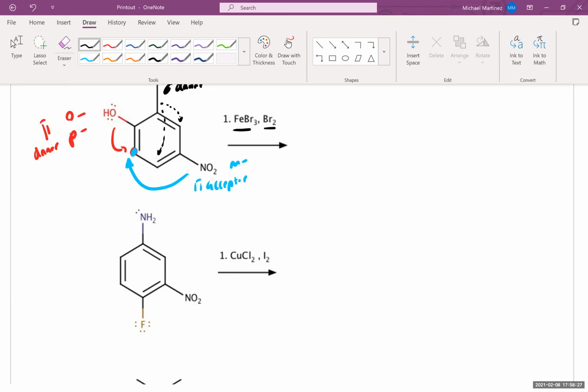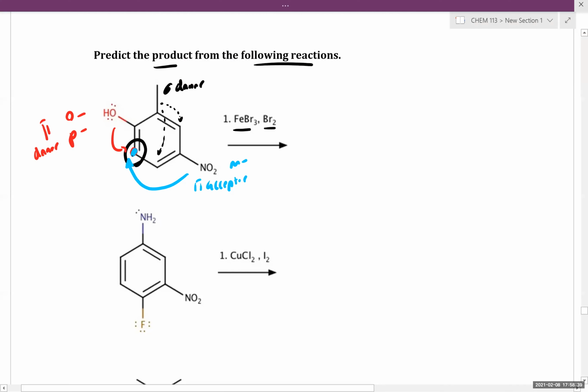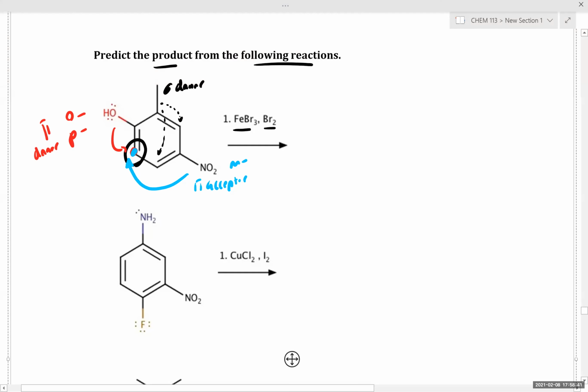Two of our very strong directing groups are pointing to the same position. And in terms of directing effects, the pi donor and pi acceptor groups are stronger directing groups. Thus, we will see exclusive reaction at the ortho position. And so we will install our bromine ortho relative to the hydroxyl group, or the alcohol.